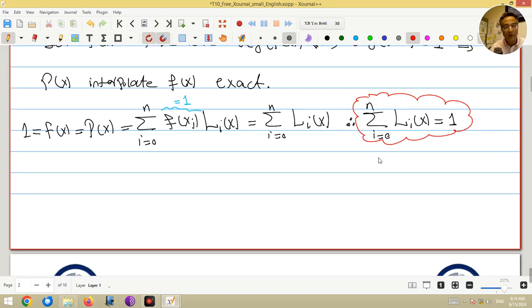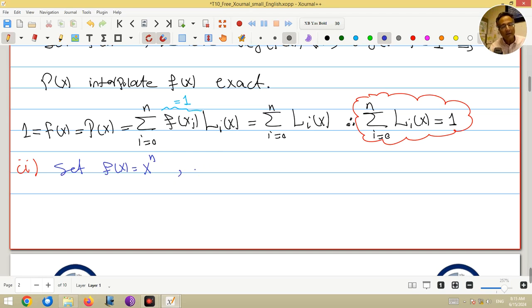This is the first part of the problem. And the second part is very similar to the first part. Just I consider f of x equal to x to the power of k. And also I know that p of x interpolates f of x exactly, right?